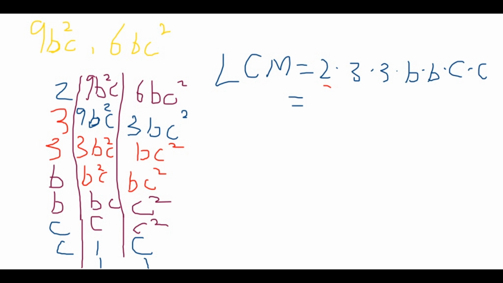Two times 3 is 6, and 6 times 3 is 18. b times b is b squared, and c times c is c squared. So the LCM is 18b squared c squared, and this is the LCM of 9b squared c and 6bc squared.